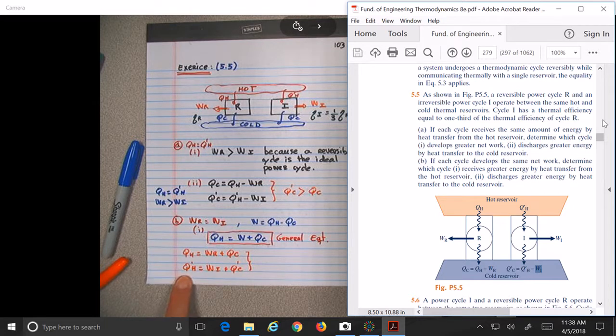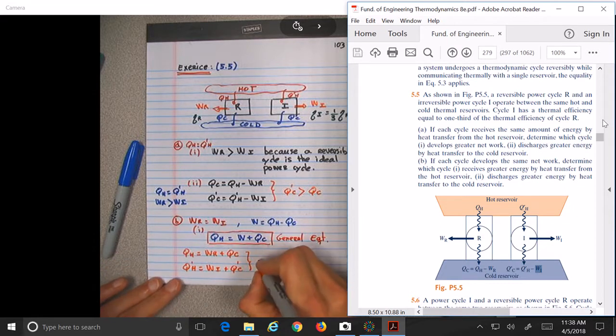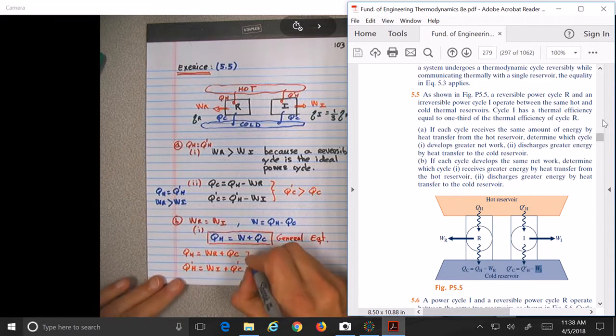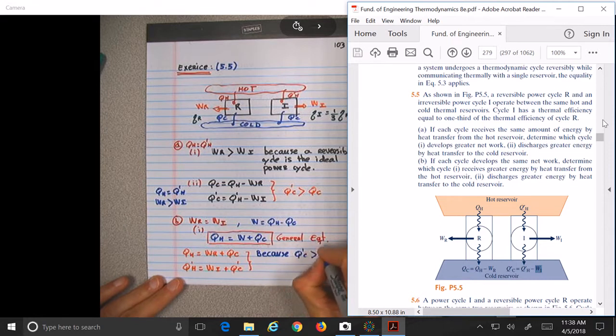The irreversible, no? Okay, so in this case, you can say that because Q prime cold is higher than QC, then we have that Q prime H will always be higher than QH.